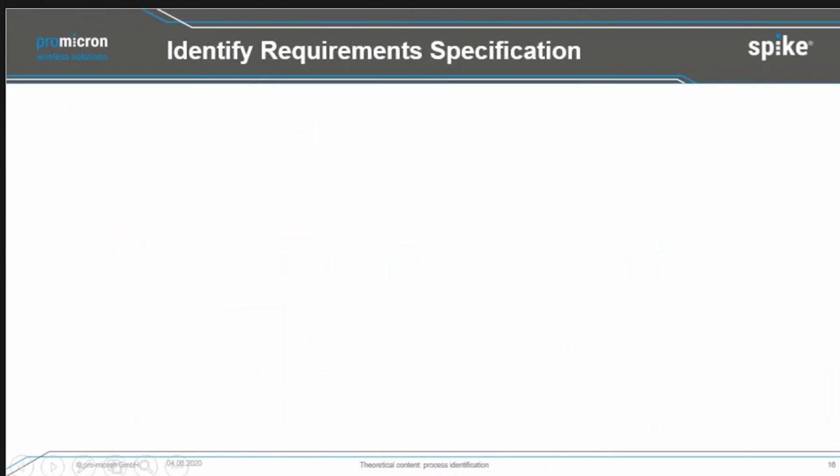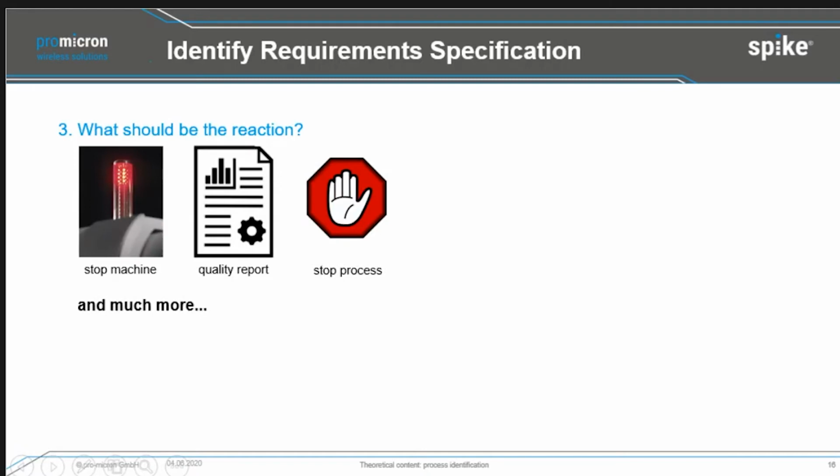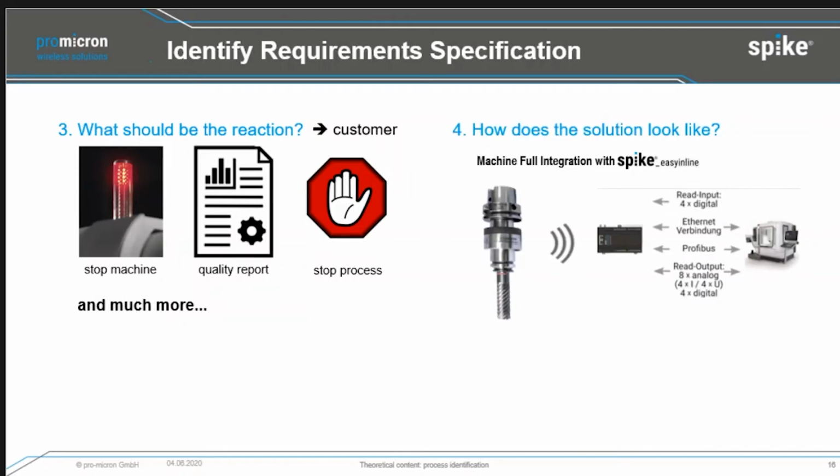Now, we told you how we could monitor. The next action will be back to you. What should be the reaction? Do you need a machine stop, a quality report? Do we need the process to stop, or whatsoever? Again, you need to tell us what you want the machine to react like. And then again, we can tell you what our solution would look like.